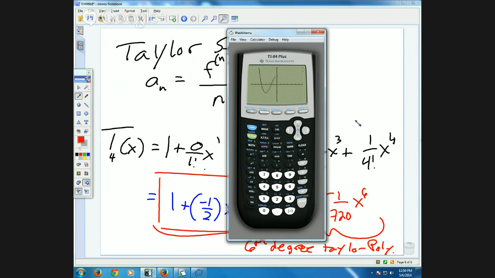So this should hug it. If I narrowed my window, it would be hard to tell the difference between certain x values, and those x values appear to be like 1, 2, 3, 4-ish maybe. So if I were to just change my window and turn off the cosine, what if I went from -4 to 4? If I showed this to my trig class, what might they think this is the graph of?